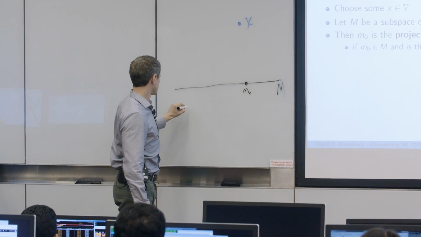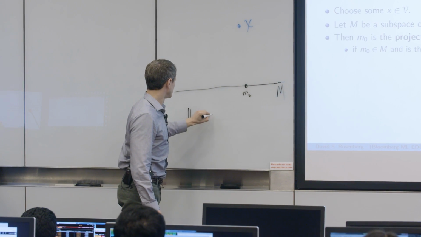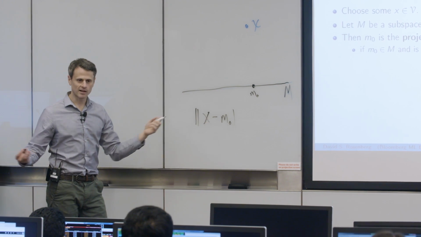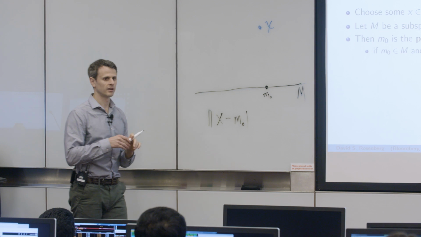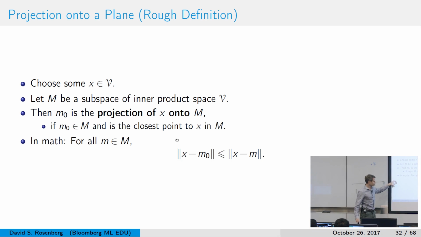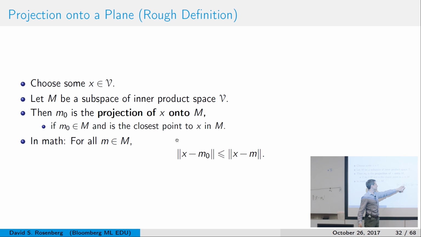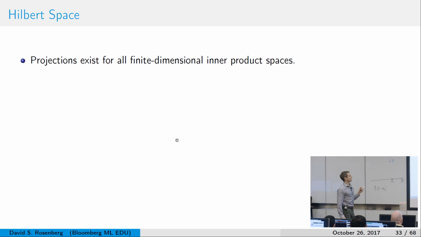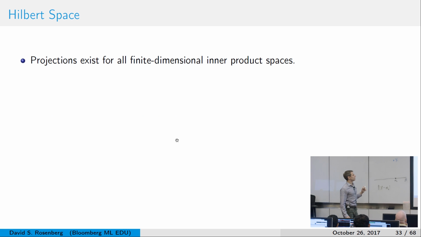Yeah, just the norm of the difference between x and m0. That's our distance. Okay, this is just our rough definition. So in math, we want the projection m0 to be closer to x than any other m that's in the subspace M. And we'll give a formal definition in a bit.